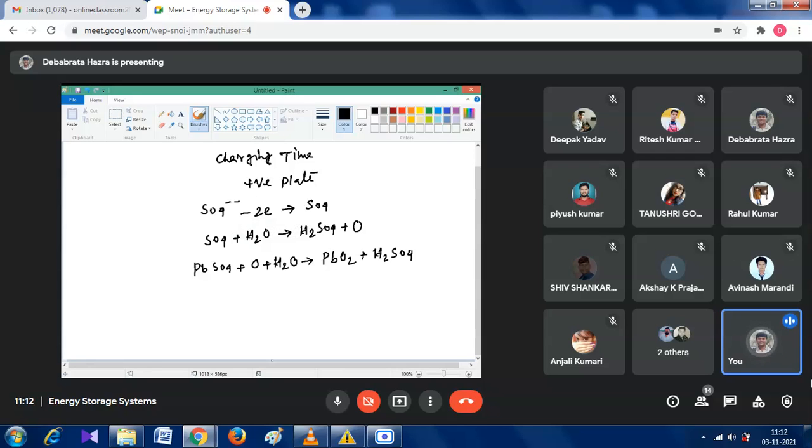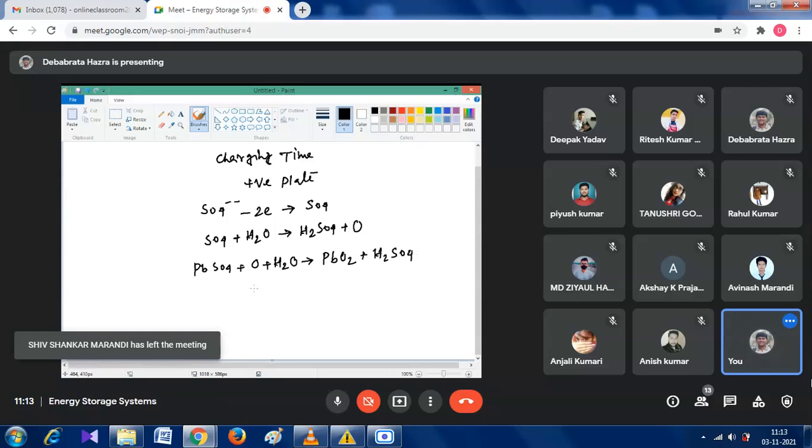And when we are charging that lead acid battery, you can see from that equation the lead sulfate becomes lead peroxide and creates H2SO4. That means when we are charging the lead acid battery, the concentration of dilute H2SO4 is increased, and when we discharge the lead acid battery, the concentration of H2SO4 is decreased.